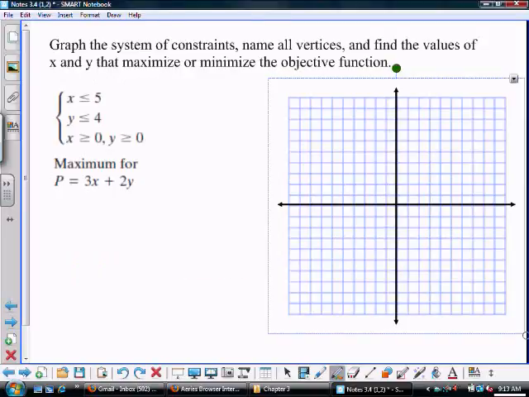Okay, so here we go. We have a set of inequalities.